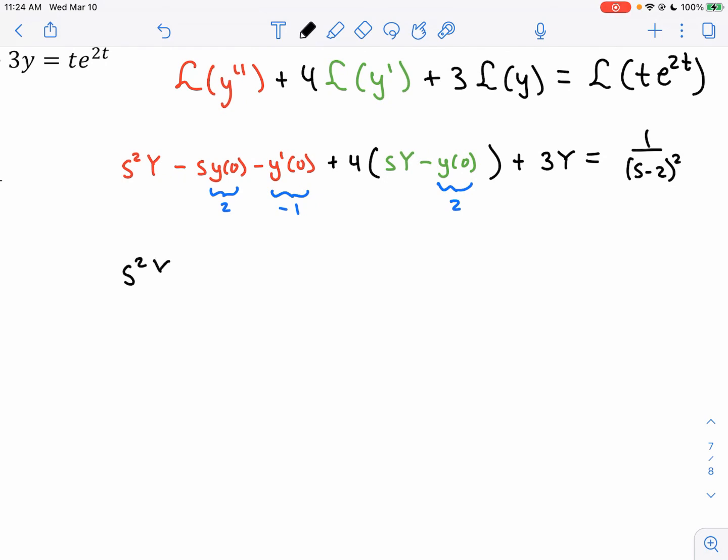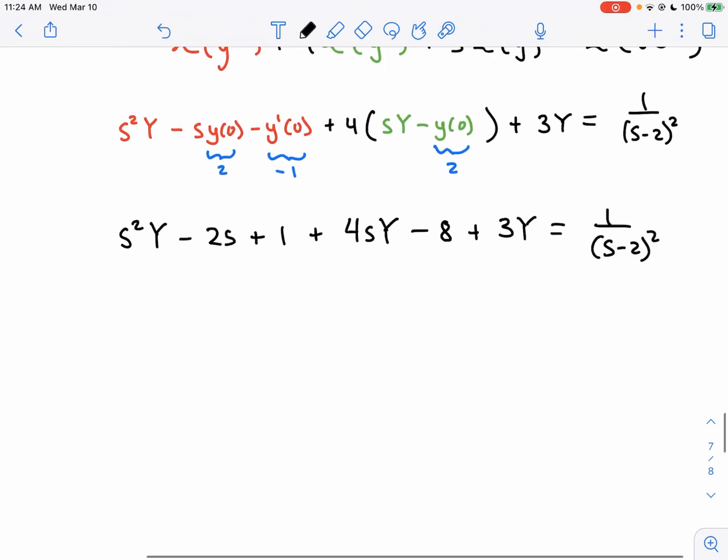So we have s squared times capital Y, minus, this will be 2s, minus negative 1, so plus 1, plus 4s, capital Y, and then minus 8, right? We do distribute the 4 and the 2, so minus 8. Then plus 3, capital Y, and that's equal to 1 over s minus 2 squared.